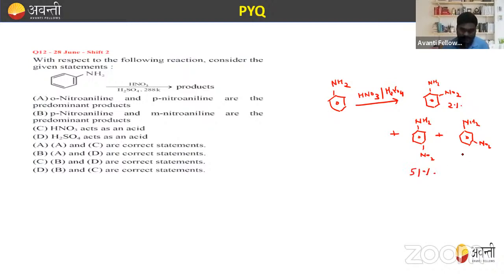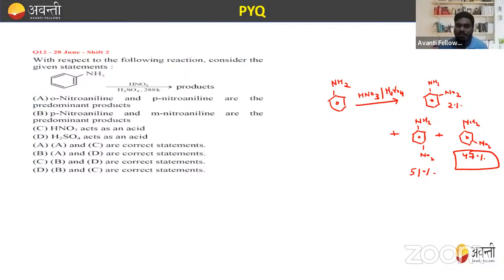And the meta will be 47%. We are thinking there is no possibility of formation of meta nitroaniline, but in this a good amount, like 47%, of meta nitroaniline will form.